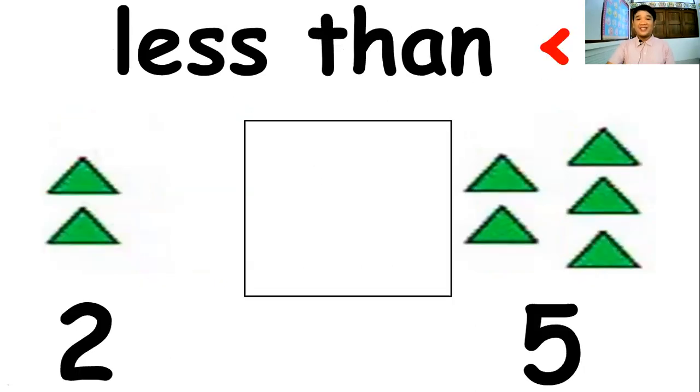How about the less than? On the left side, we have only 2 triangles. On the right side, we have 5 triangles. Therefore, 2 is less than 5, so we use the sign of less than. Another one.